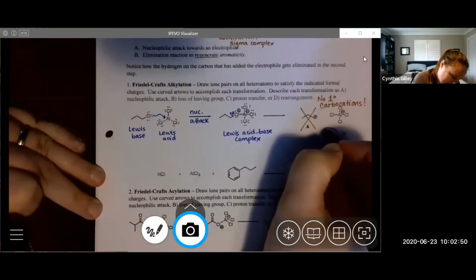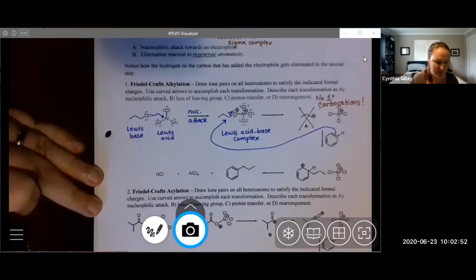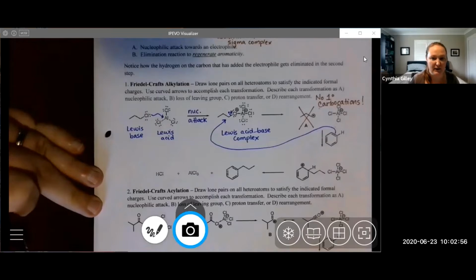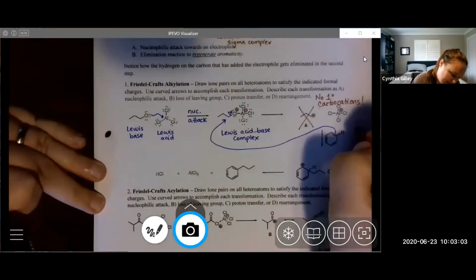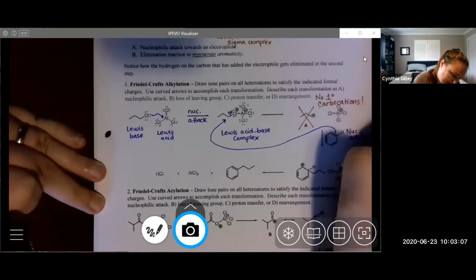And with benzene, it wouldn't matter which pi bond you chose because they're all equivalent. Okay, so in this case now, I'm just combining those 2 steps and I'm going to label it another nucleophilic attack plus loss of a leaving group.